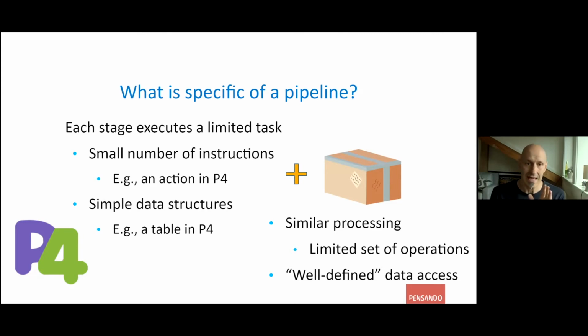The feature I'm referring to is the fact that different packets require similar processing. So at the end of the story, we need a limited set of operations, and data access, for lack of a better term, is well defined. We want to access tables, and a certain amount of information for every packet.